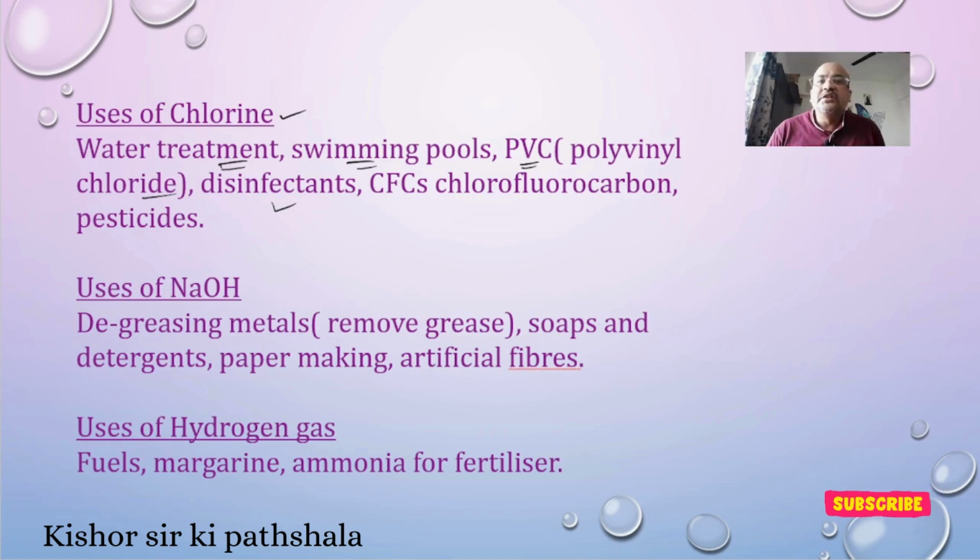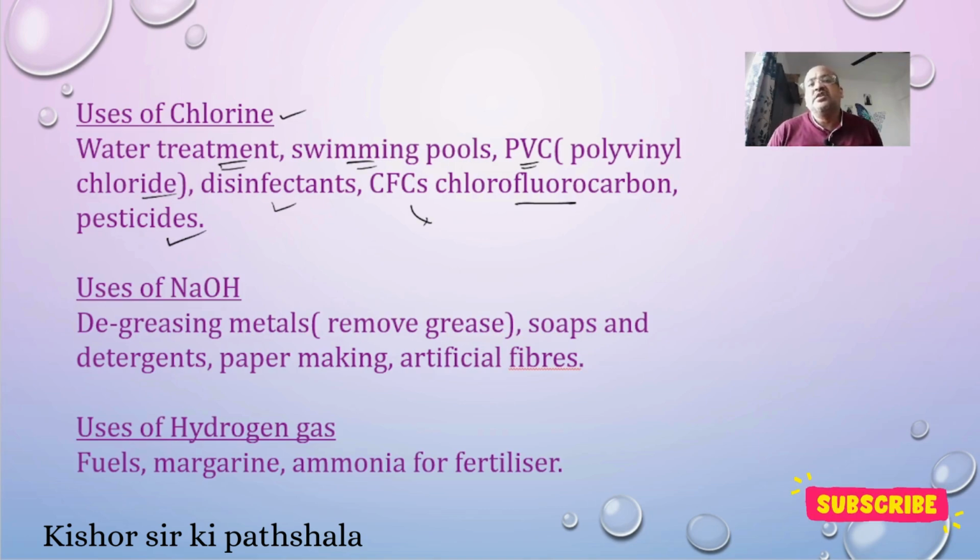Chlorine is used in the manufacture of chlorofluorocarbon. You know that CFC is used in refrigeration, in ACs and refrigerators. Chlorine is also used in the manufacture of pesticides.